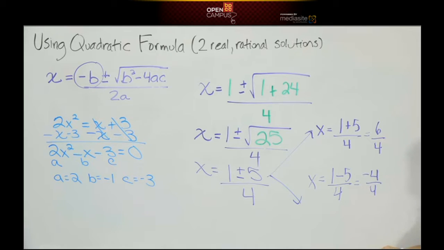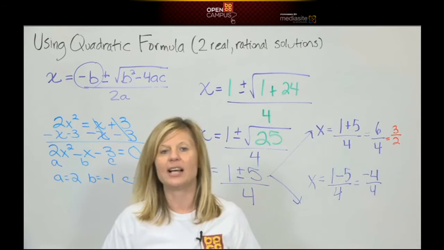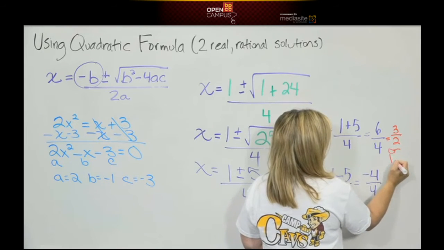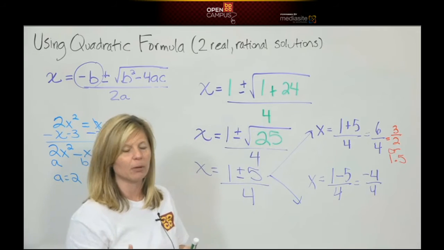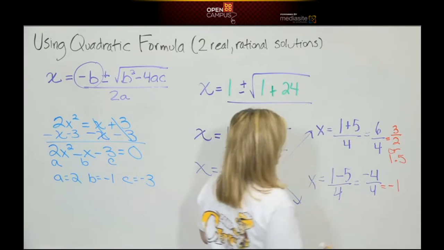The last step is to reduce, to do the division. Well, you have two choices here. 6 over 4 is an improper fraction that will reduce to 3/2. However, 3 divided by 2 makes a terminating decimal, so we'll accept 3/2, or we'll accept the terminating decimal 1.5. Either one is acceptable. Negative 4 divided by 4 is negative 1.